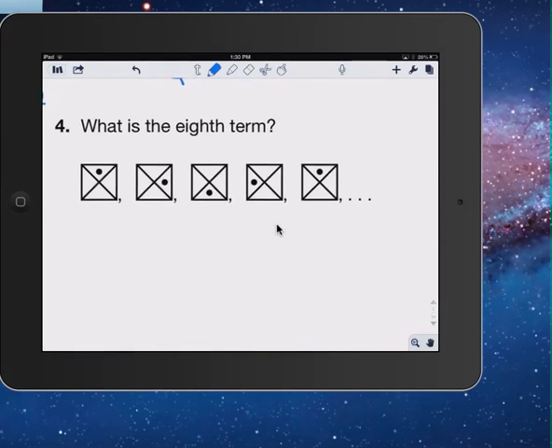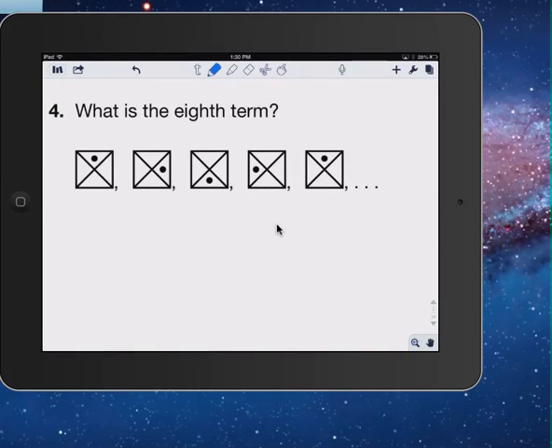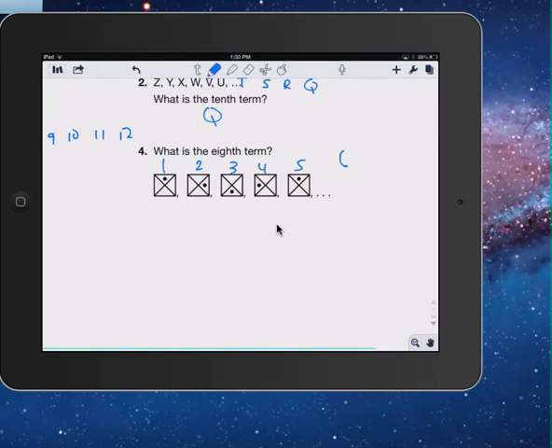Number 4. What is the 8th term? So this is 1, 2, 3, 4, 5, 6, 7, 8. What is the 8th term?